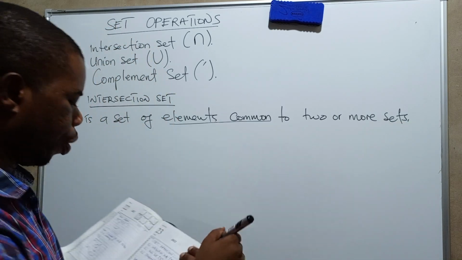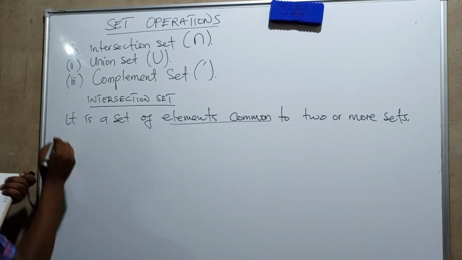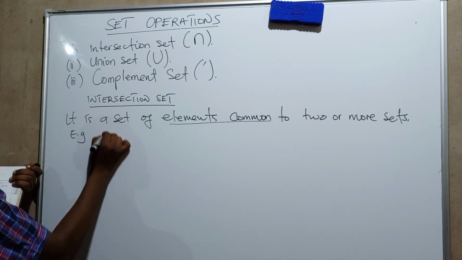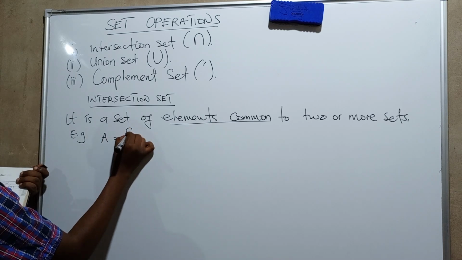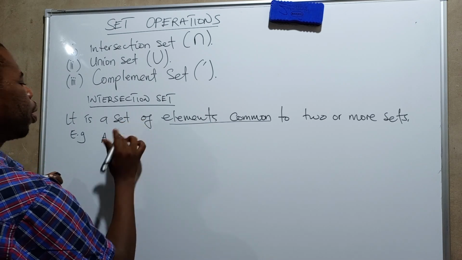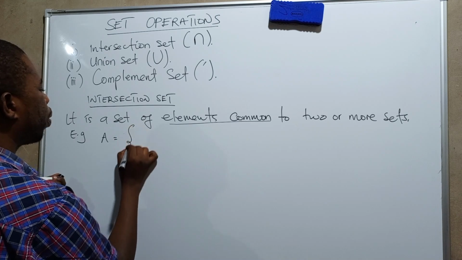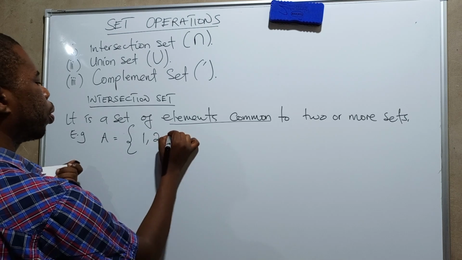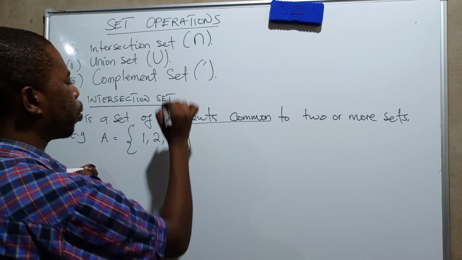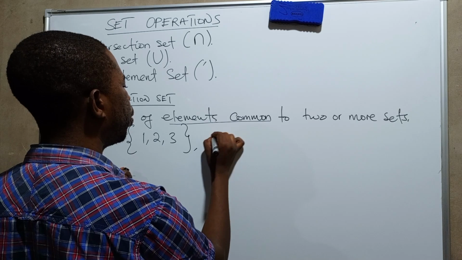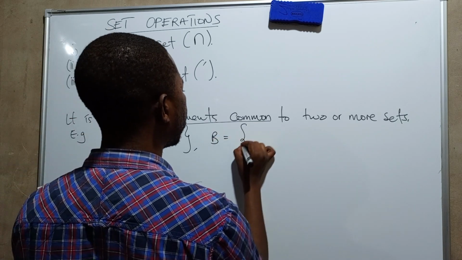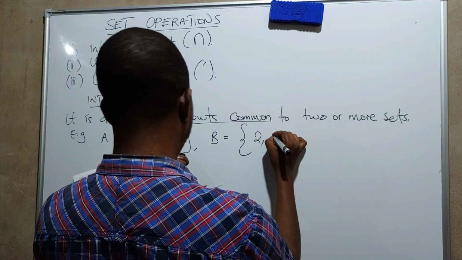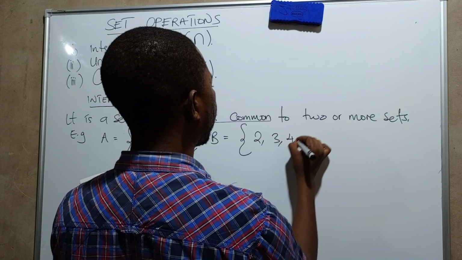That's what we mean. For example, let's say we have set A. It has elements 1, 2, and 3. Then we have also set B, which has elements 2, 3, and 4.